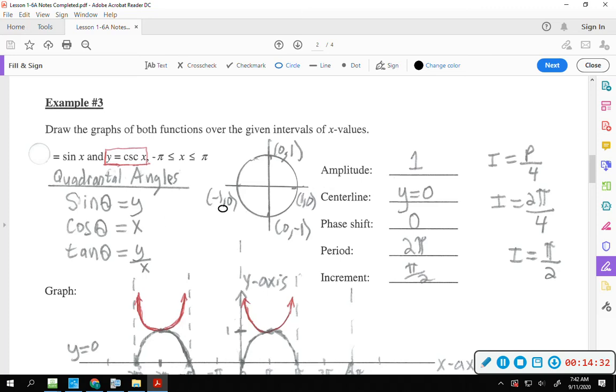When we are taking the sine of a quadrantal angle, we draw the unit circle instead of a triangle because we know that the sine of a quadrantal angle always equals the y-coordinate. The cosine of a quadrantal angle always equals the x-coordinate. The tangent of a quadrantal angle is sine over cosine.